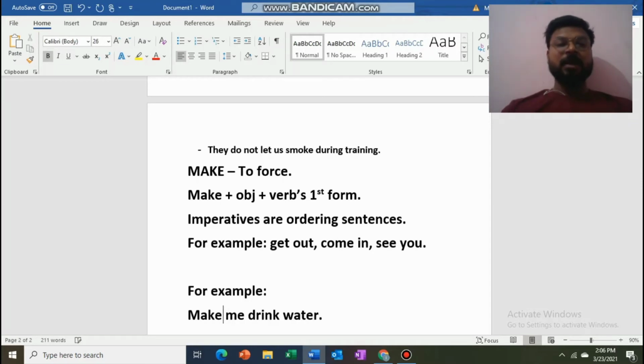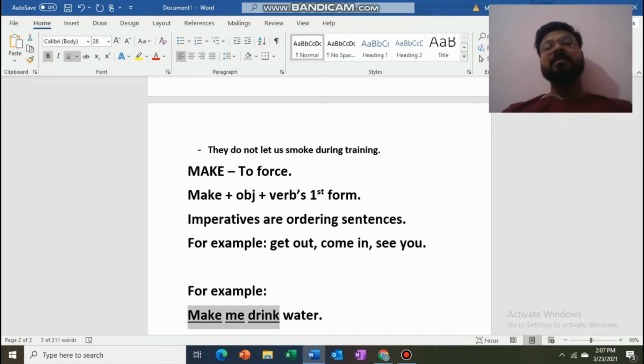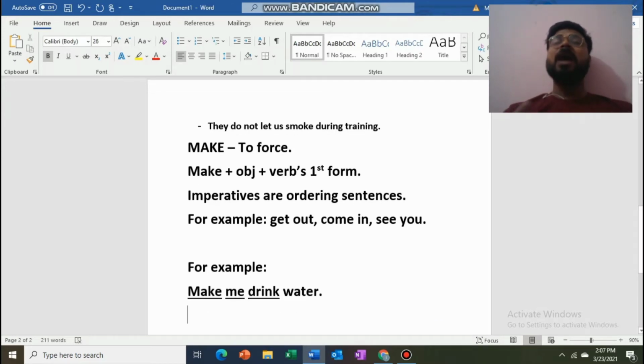You see, this one is make causative. This is an object. This is verb's first form, right? And here it's an object as well. But it can be anything, so we are not going to consider this very important. The important part is this. Okay, so this can be with the sentences as well. For example, let me write this sentence for you.